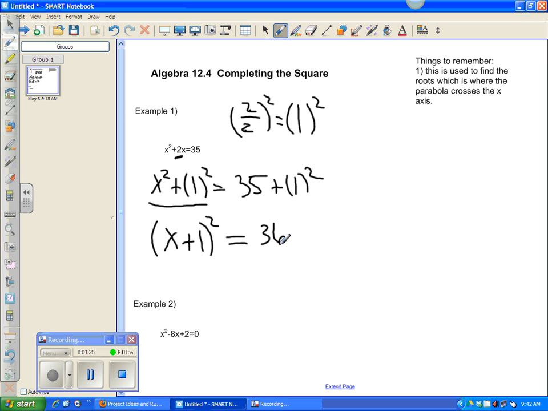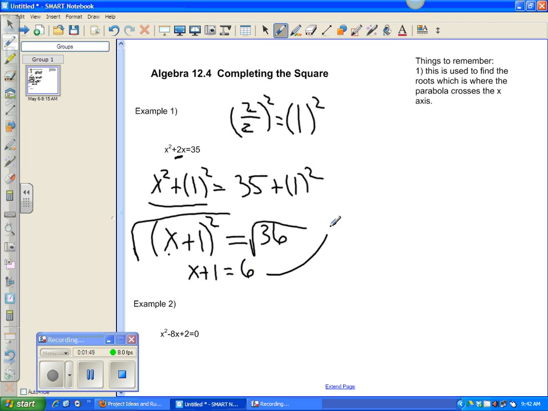Now, in order to isolate the variable x, because I'm looking for x, I need to get rid of my square on this side. So I square root this side, and I square root this side, which gives me x plus 1 is equal to the square root of 36, and the square root of 36 is 6, because 6 times 6 is 36.